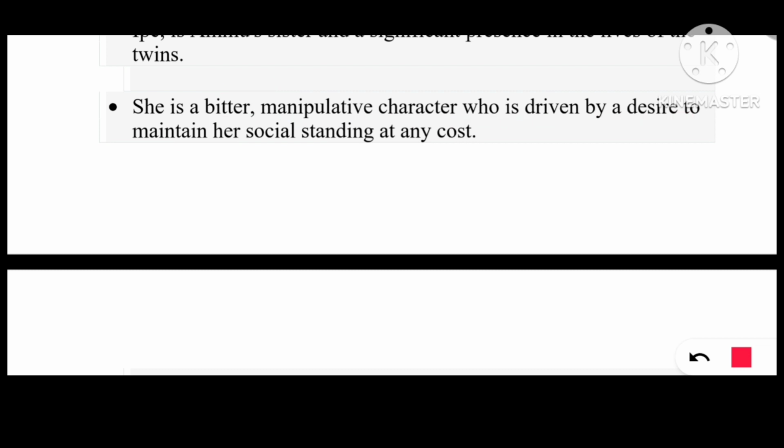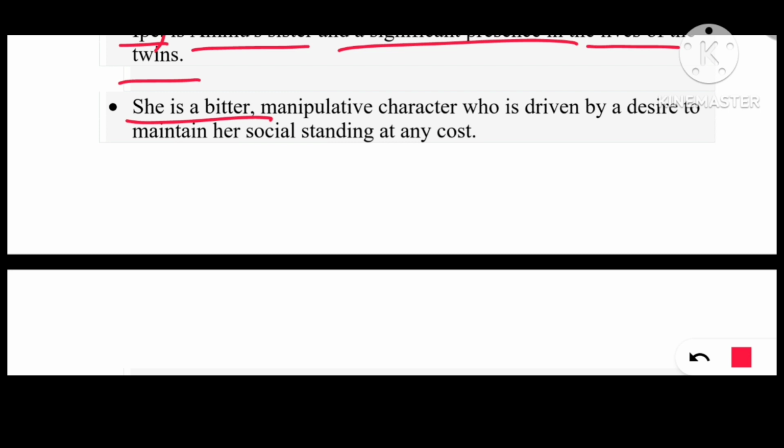Friends, next is Baby Kochamma, whose real name is Navomi. Please keep in mind what her real name is. Real name is Navomi Ipe. Now, Navomi Ipe is Ammu's sister and a significant presence in the lives of the twins. Now, she was young, alright. Therefore, she was pampered by everyone.